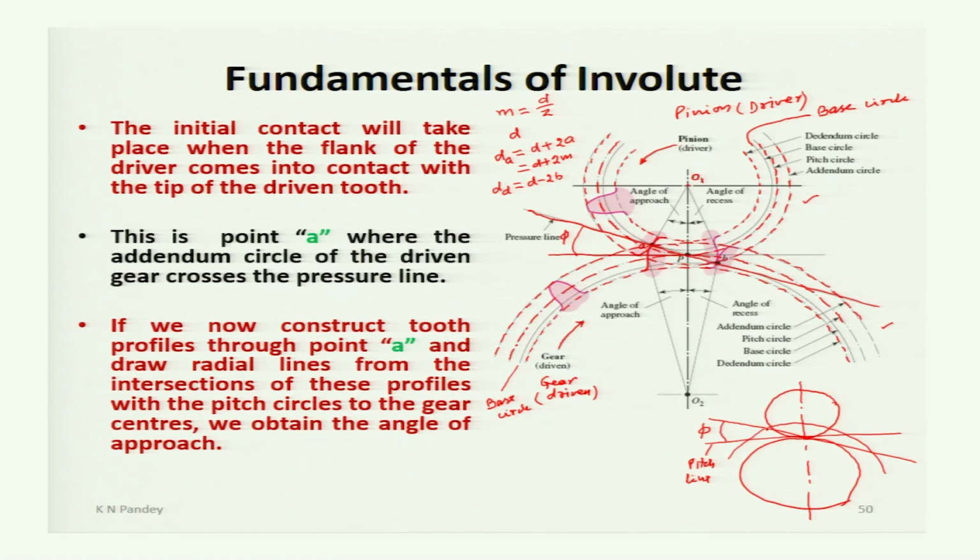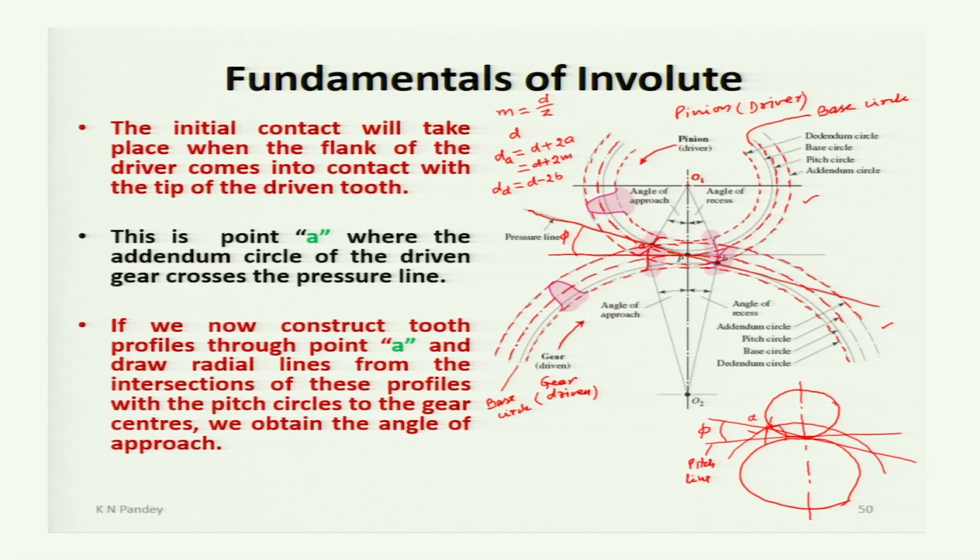So, this point is the point small a. Now, from this small a profile of the gear is drawn, okay, like this, and for another gear the profile is like this. Okay, this is the small a point.